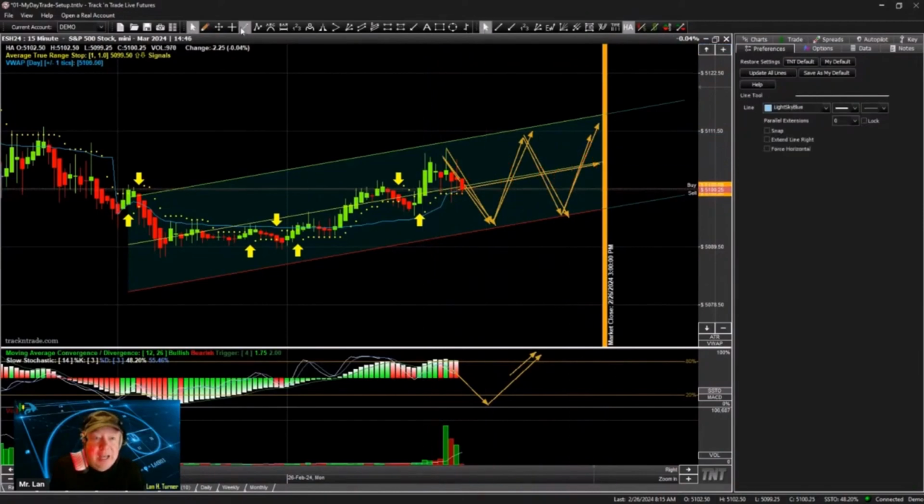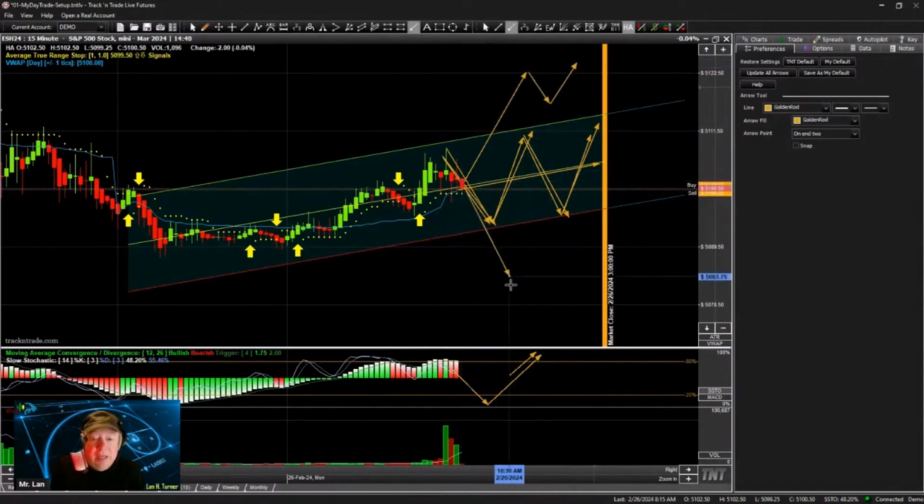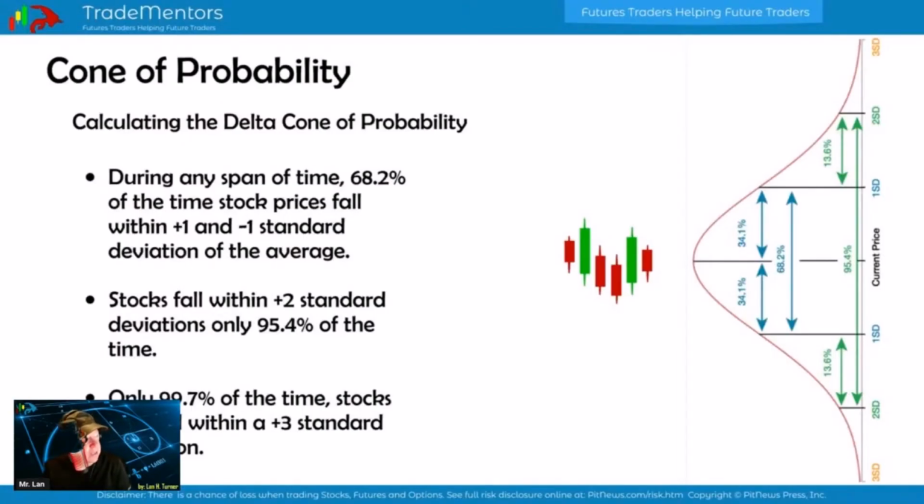Now, it doesn't mean it can't get excited and break out and go up and do this kind of thing. Certainly can. Doesn't mean it can't come down here and do this. Certainly can. We're just trading the probabilities, right? So what are the probabilities? Once again, there's a 68.2% chance it's going to stay within the RAFF, and 95% that it's going to stay within the two standard deviations.